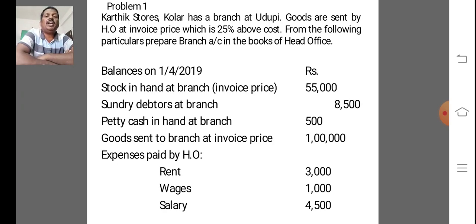So we take the balances on 1/4/2019: stock in hand at branch at invoice price 55,000, sundry debtors at branch 8,500, petty cash at branch 500, goods sent to the branch at invoice price 1 lakh, expenses paid by head office: rent 3,000, wages 1,000, salary 4,500.